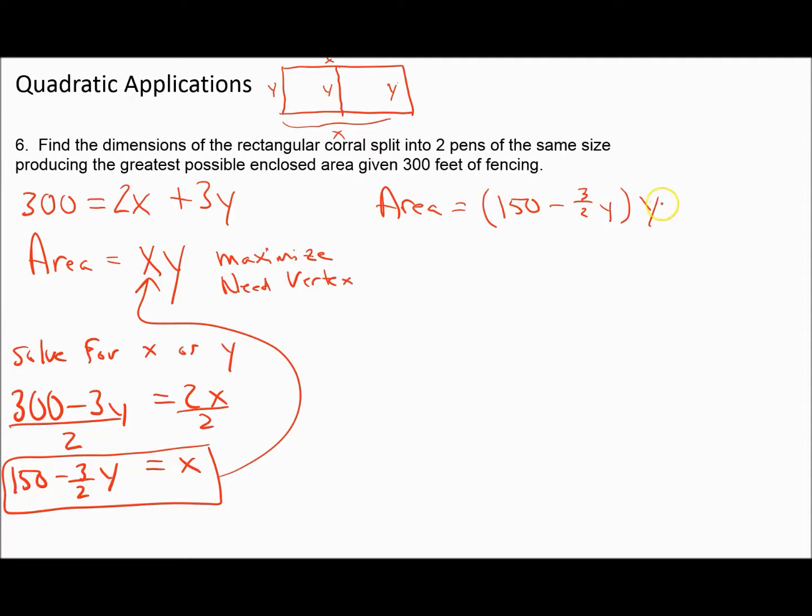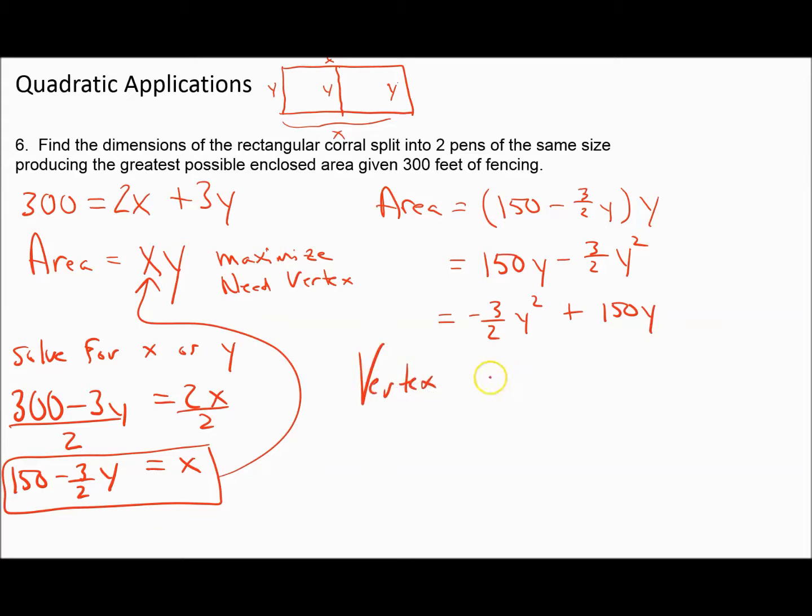It sure is, because when I distribute this y inside, I now have area is equal to 150y minus 3/2 y squared. You might like it better with the square first, so that'd be negative 3/2 y squared plus 150y. Now I have to find the vertex, because this is a parabola.